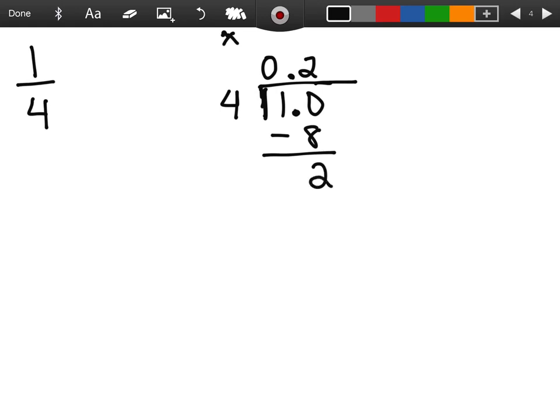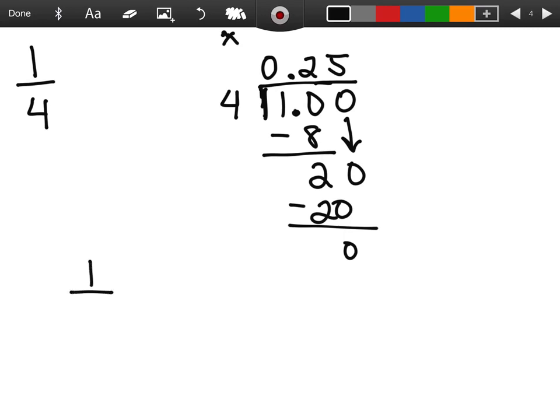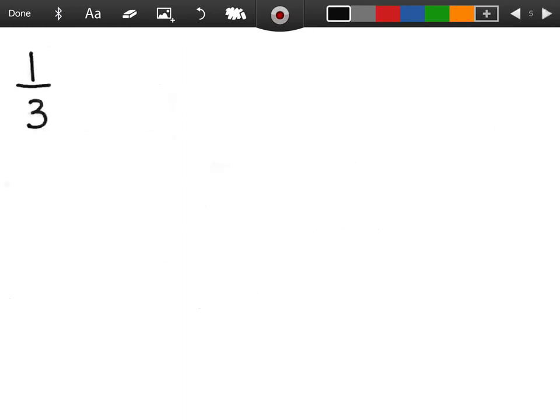Subtract that out. I get a 2. Still can't do it. Got to add another 0 and drop it down. 4 goes into 20 5 times. 5 times 4 is 20. Again, my subtraction, no remainder. So I know 1/4 is equal to 0.25. All right, fantastic.